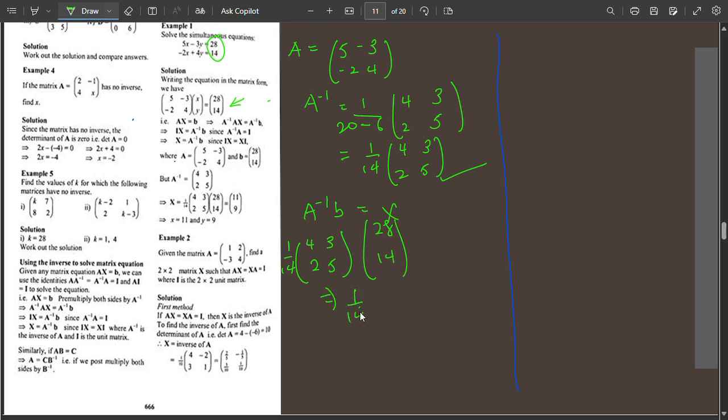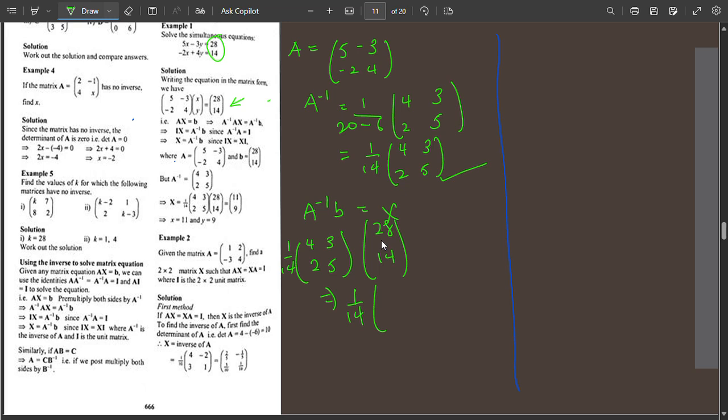You can decide to keep 1 over 14 outside and multiply this one. So let's multiply. We have 4 times this. That's 28. 4 times 28. Wait. That can't be. Or can it be?